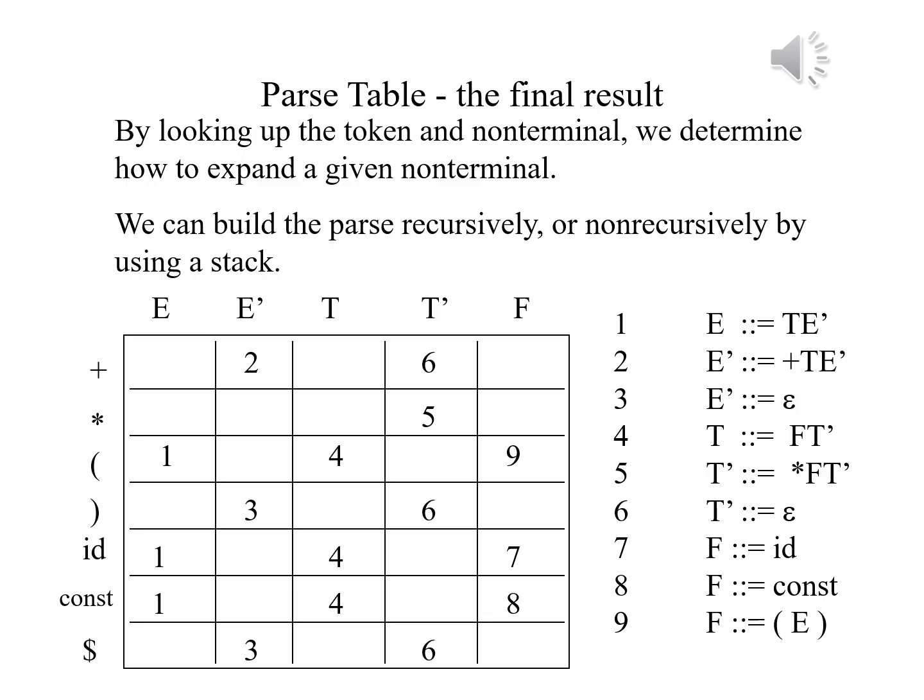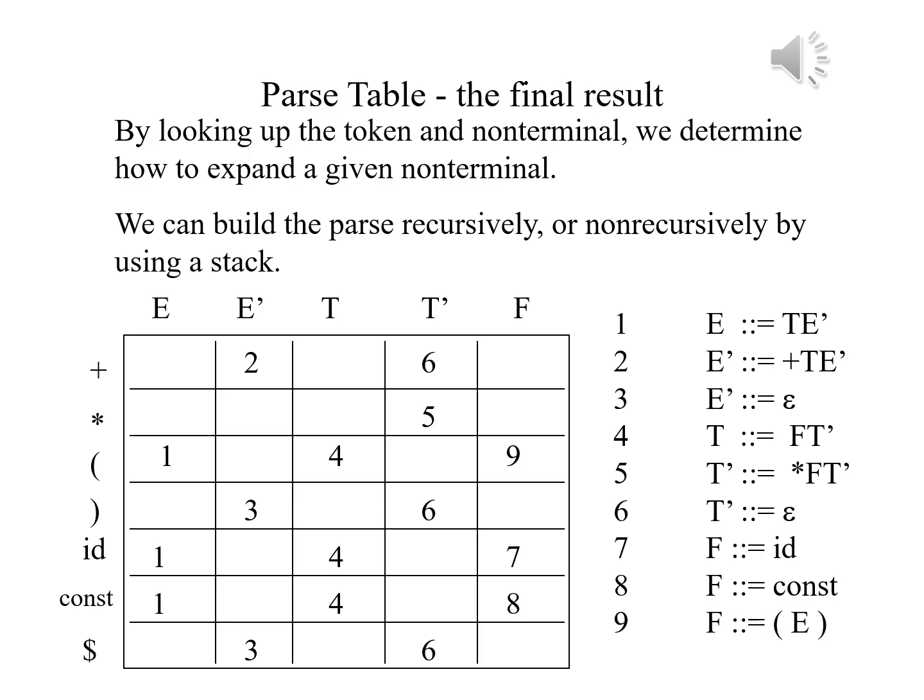Production 4, the non-terminal is term, and the first set is open parenthesis, identifier, and constant. Production 5, the non-terminal is T prime, the first set is simply the asterisk. Production 6, the non-terminal is T prime, the first set is plus, close parenthesis, end of file marker.